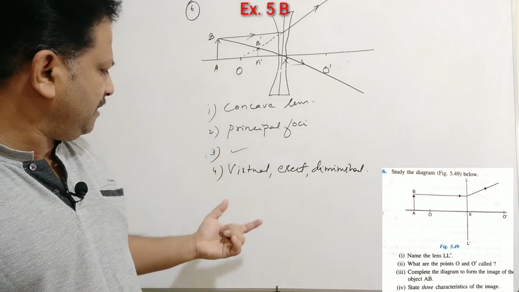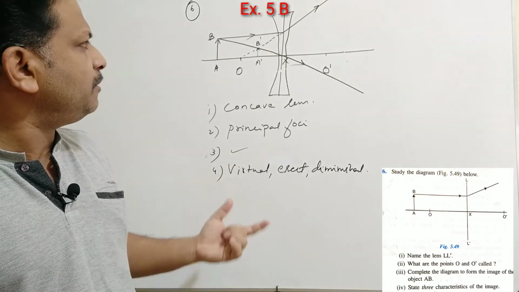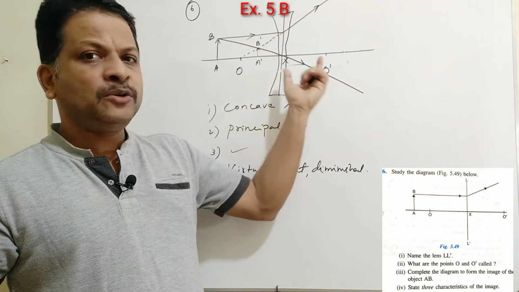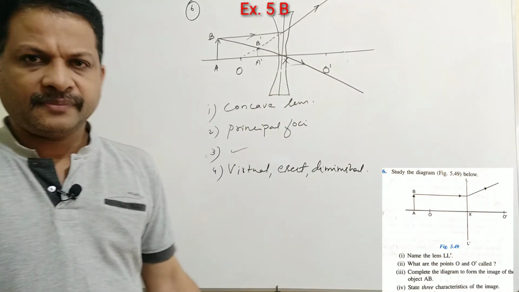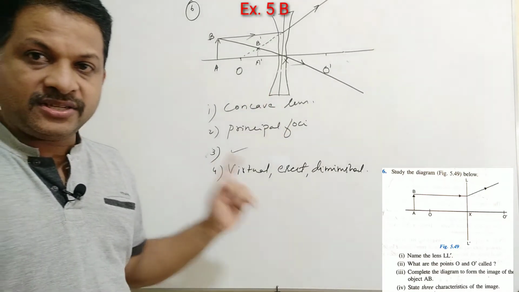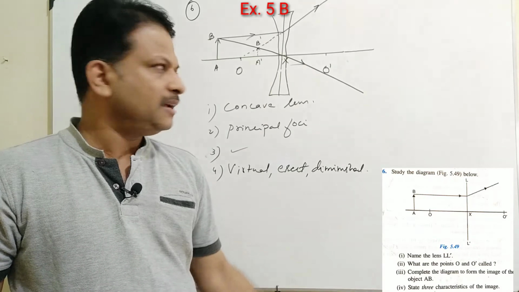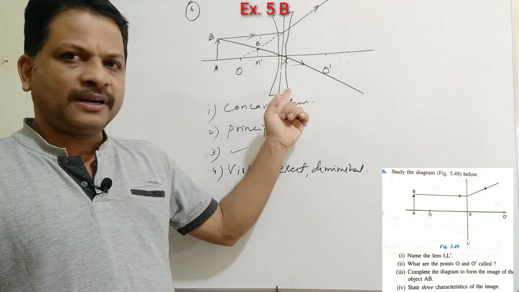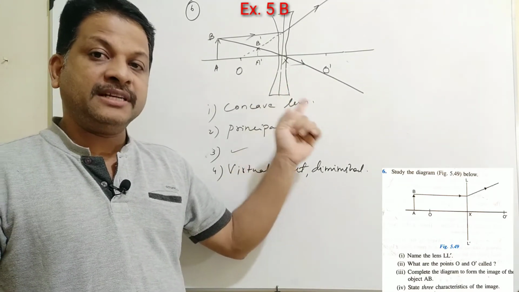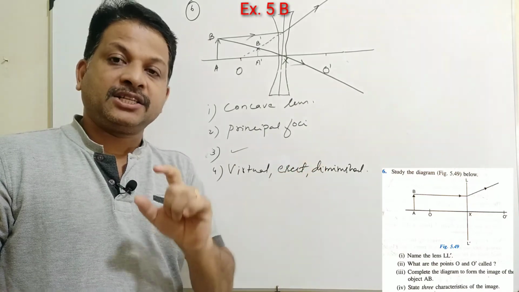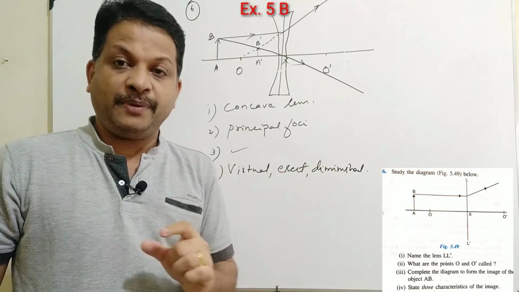Now what is left? One more add-on. Can you name the use of such a type of lens? The question is not there, still an add-on question. This type of concave lens is used in spectacles for the correction of short-sightedness or myopia.